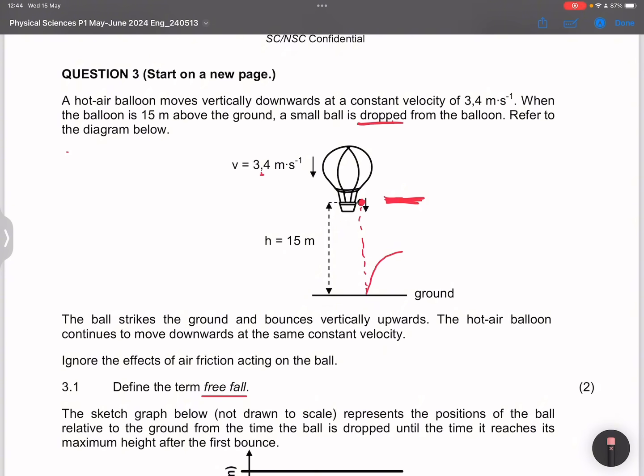So I am going to say delta y equals initial velocity times delta t, plus 1 over 2 times g delta t squared. Our displacement is 15. Our initial velocity is 3.4, time delta t.